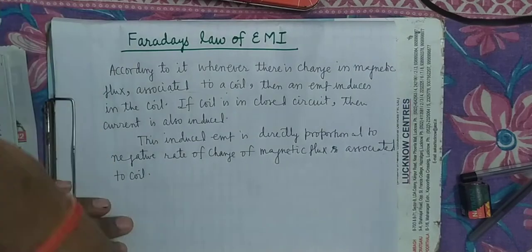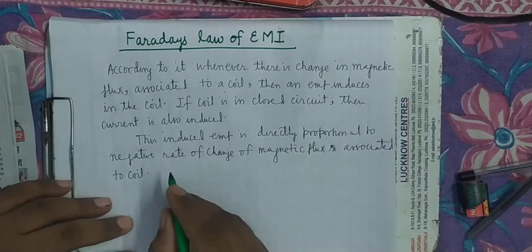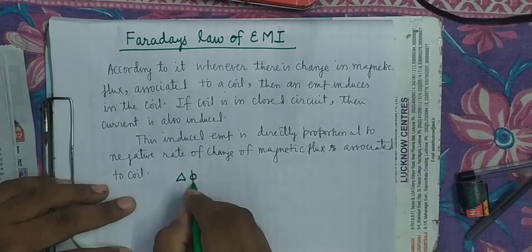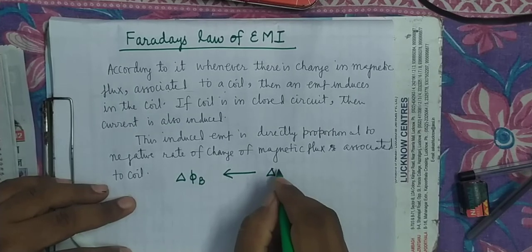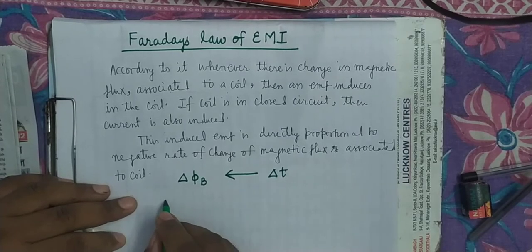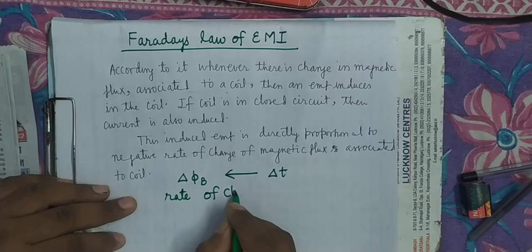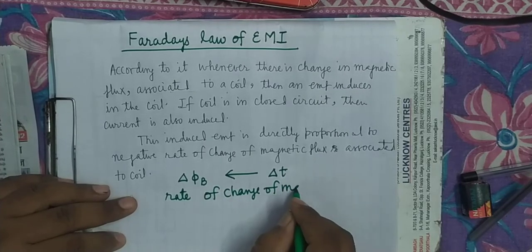Negative rate of change of magnetic flux means if flux changes by delta phi B in time delta t, so what will be the rate of change of magnetic flux? Rate of change of magnetic flux.